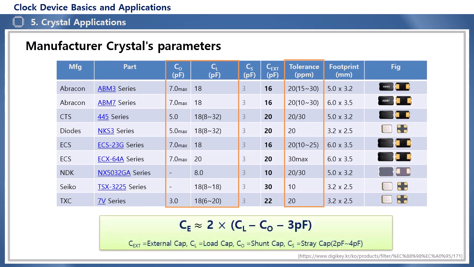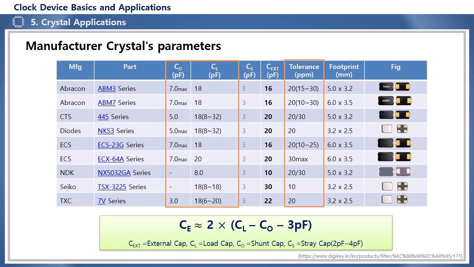Stray capacitors are parasitic capacitances caused by the pattern of the crystal pins, and have a value in the range of 2 to 4 picofarads depending on the pattern structure. Assuming it to be 3 picofarads, you can calculate the external capacitance value to be connected to the two crystal terminals.